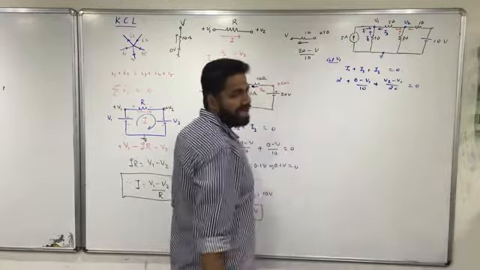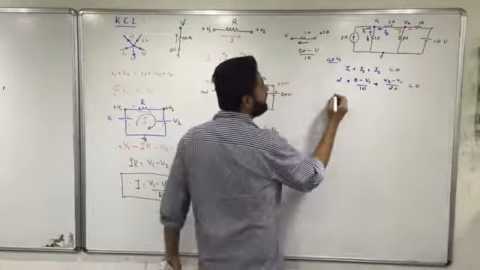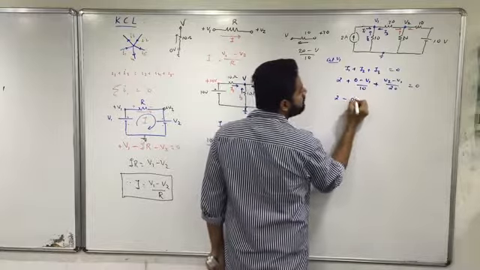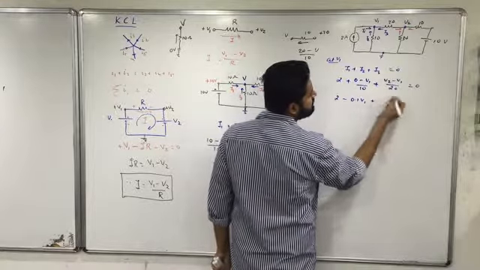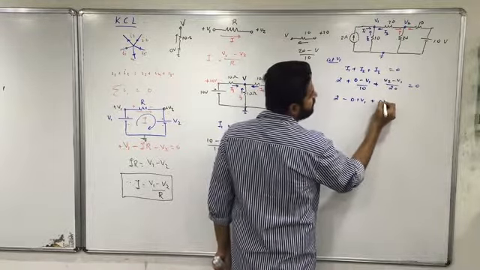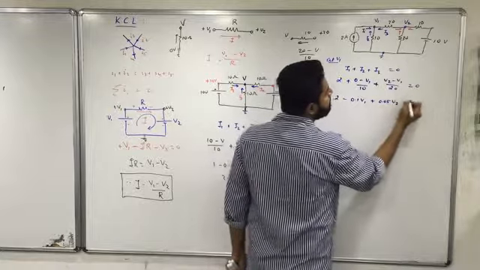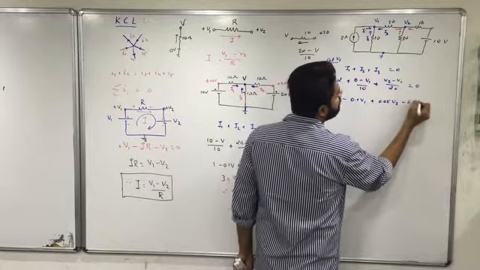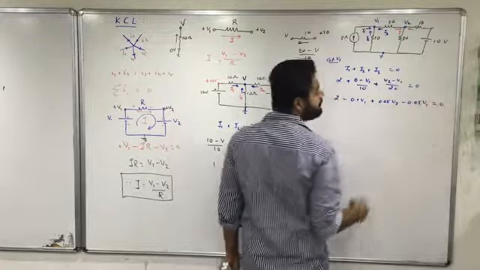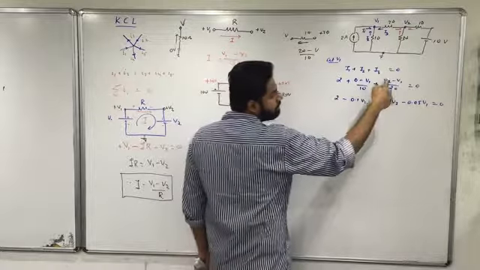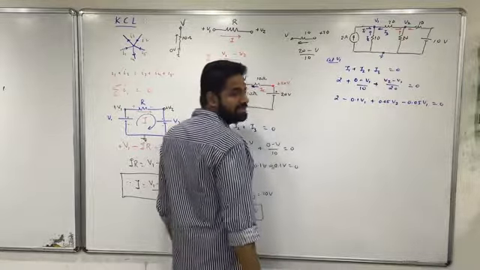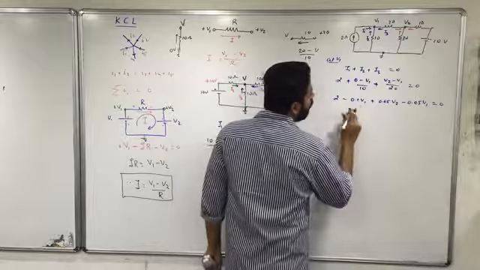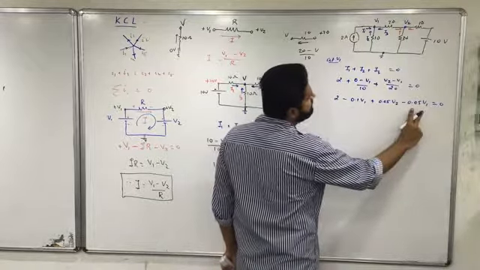We can solve it and we will get an equation. Let's write down: 2 minus 0.1 V1 plus 0.05 V2 minus 0.05 V1 is equal to 0. 1 by 20 is 0.05. So we have 0.1 and this is 0.05.